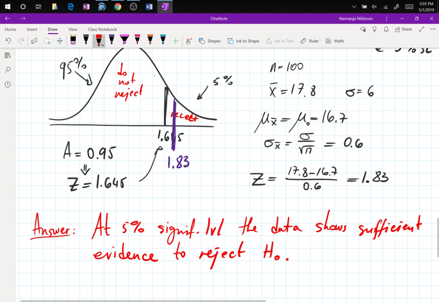So now the question is, well, which one is right? Because they give you opposite answers, right? The first part said do not reject, this one says reject. Well, the answer to that is it depends. The way you look at it, which is why we have to debate certain things.